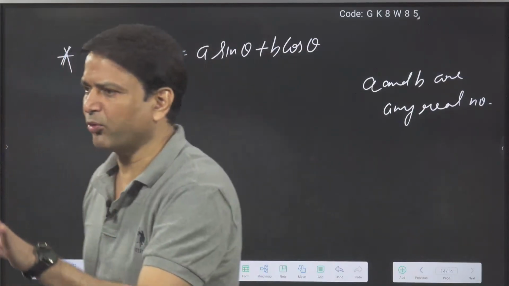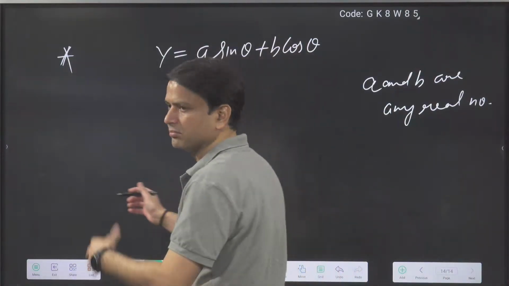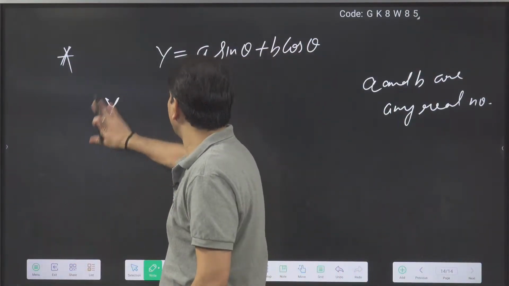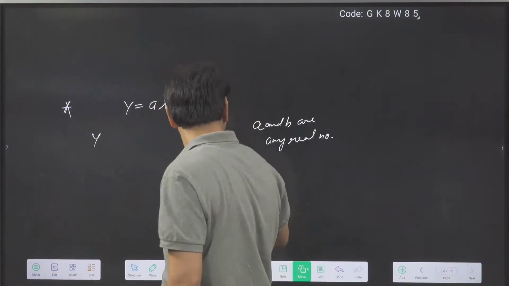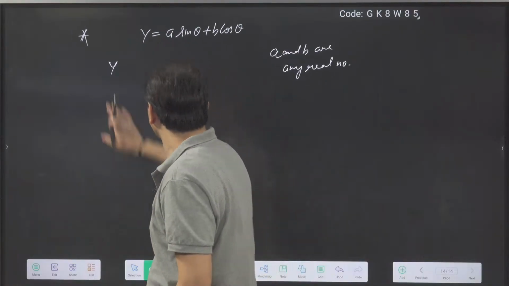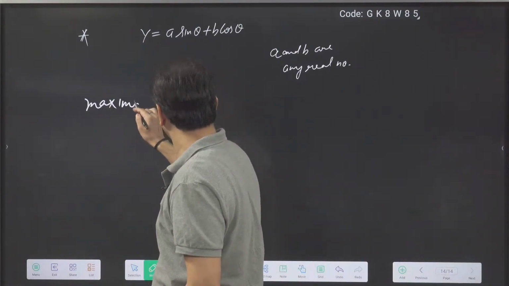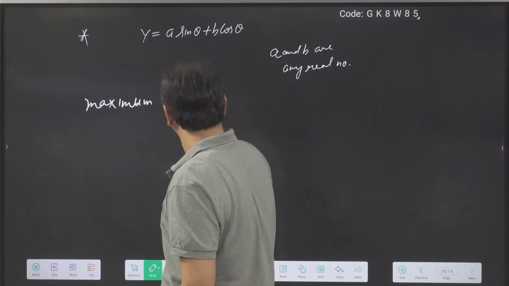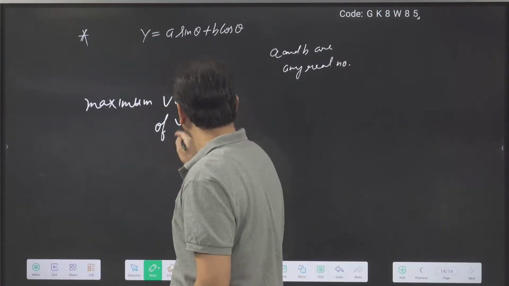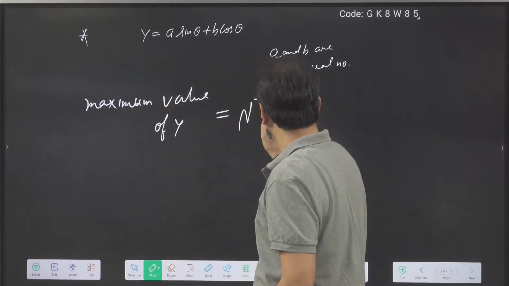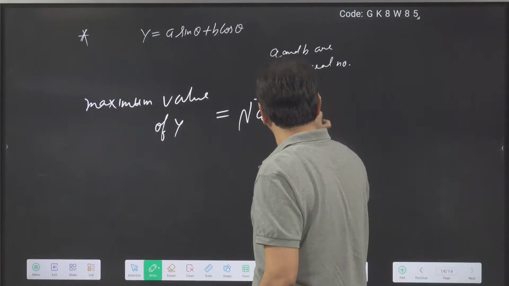If for this type of function the maximum value is required, they will ask for the amplitude. So the maximum value of y, just remember that, is equal to under root of a square plus b square.